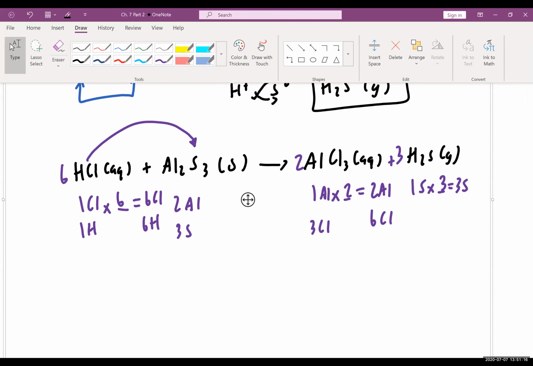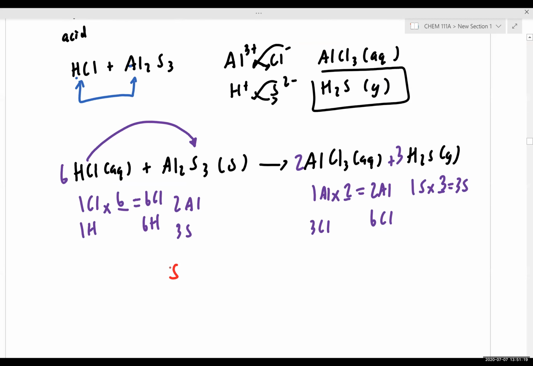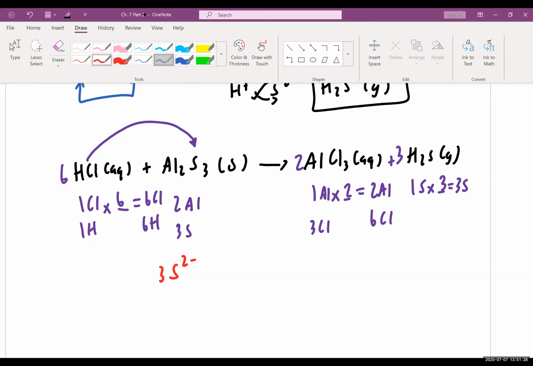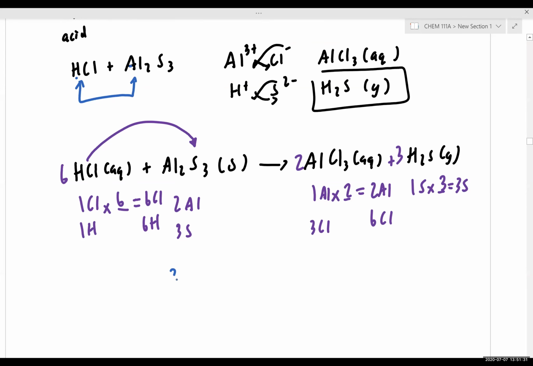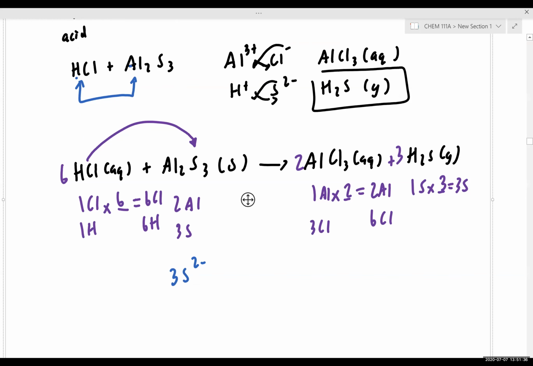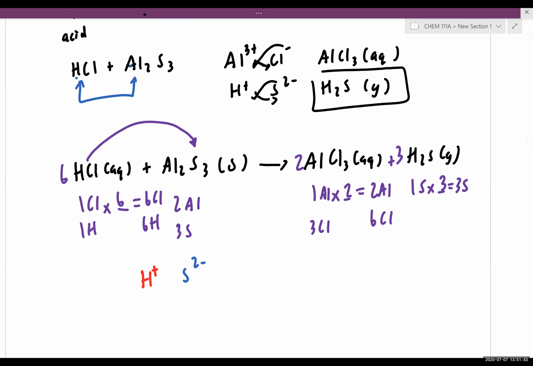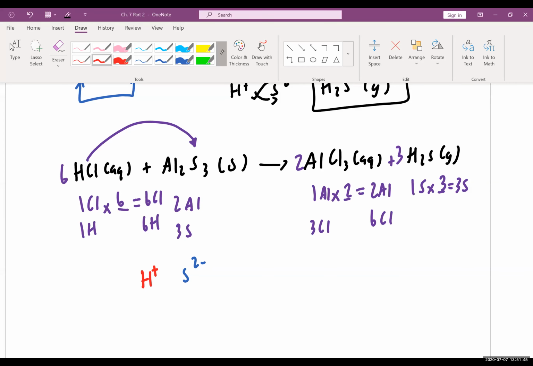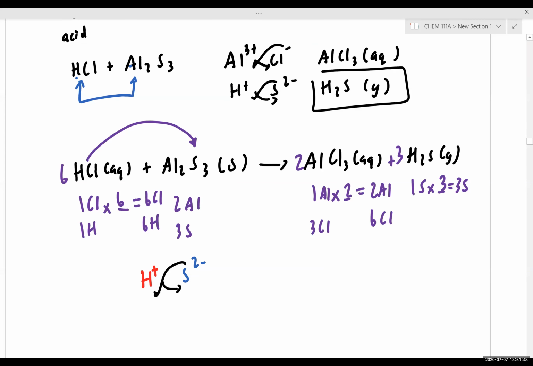I'm going to now show you the shortcut method. So we have 3 sulfides, okay? So to balance out our 3 sulfides, let me use blue color since sulfide is our base. To balance out our sulfides, we need H+. And if we cross our charges, we see we need 2 hydrogens per sulfide.